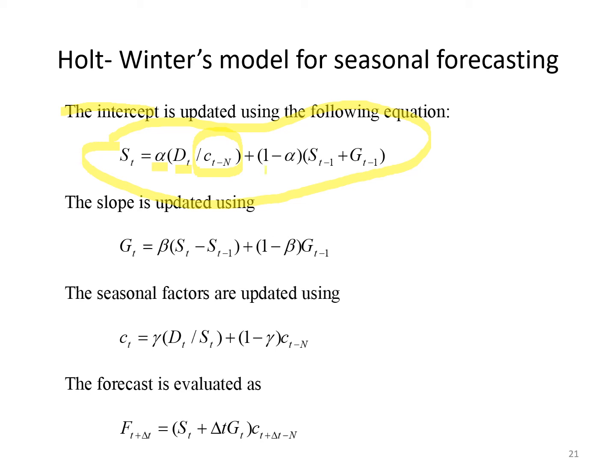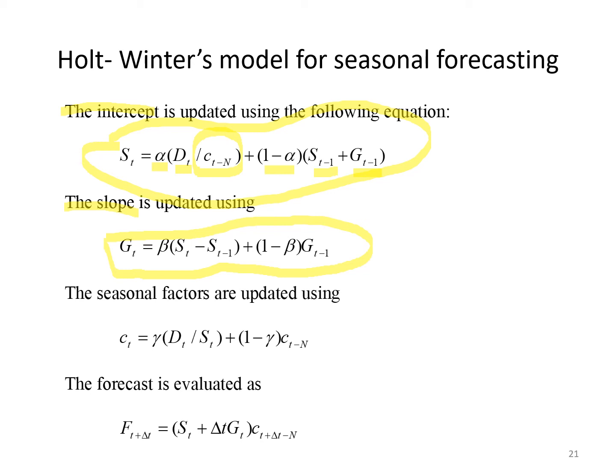And then we have 1 minus alpha multiplied by st minus 1 plus gt minus 1, which is basically the forecast based on period t minus 1. And then the slope is updated using the next equation here. If you look at Holt's model, you'll see that it's basically the same equation that we have used before.